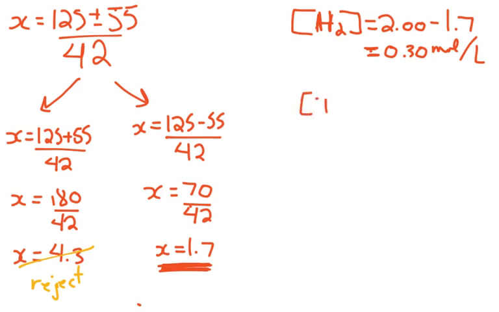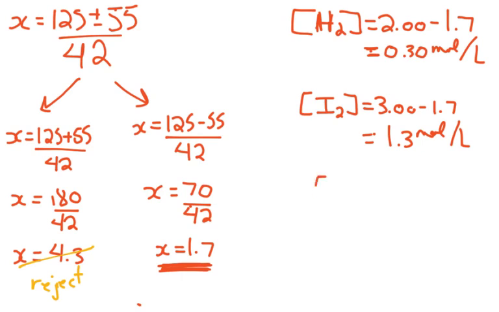Concentration of I2 at equilibrium was 3.00 minus x, 3.00 minus 1.7, gives 1.3 moles per liter. And concentration of HI at equilibrium is 2x, 2 times 1.7, so 3.4 moles per liter.